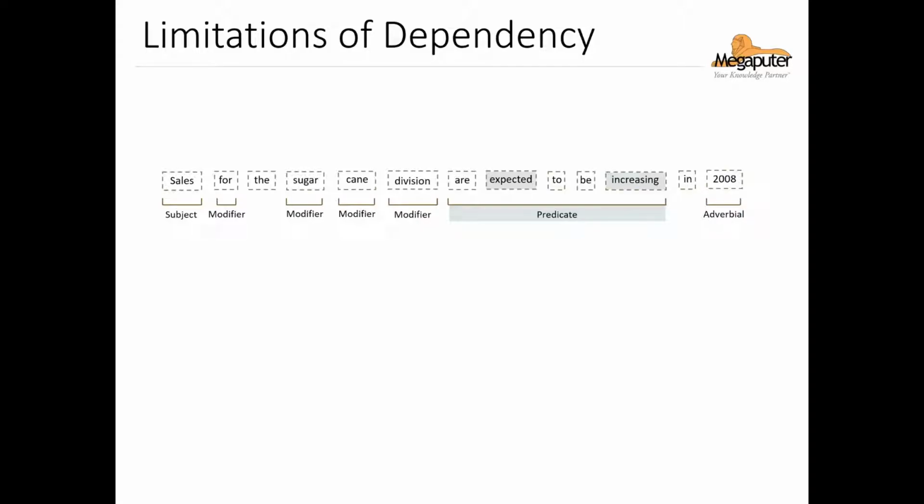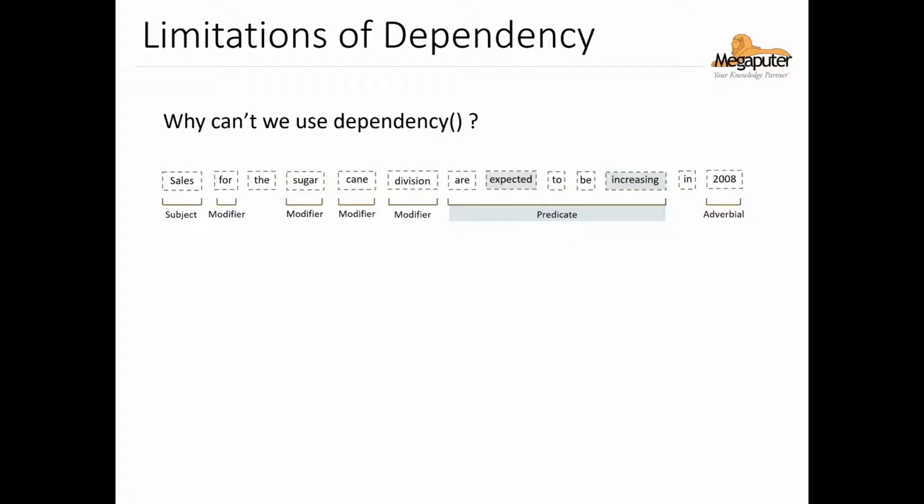But dependency, we've seen some powerful examples of it, but it does have some limitations. So here we have expected to be increasing. What if we wanted to look for something like that, where it's expected to be increasing? How would we use dependency here?